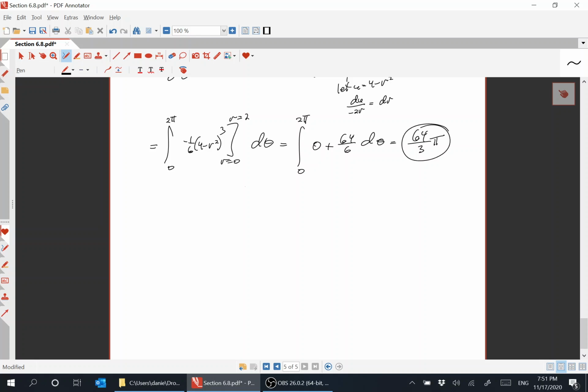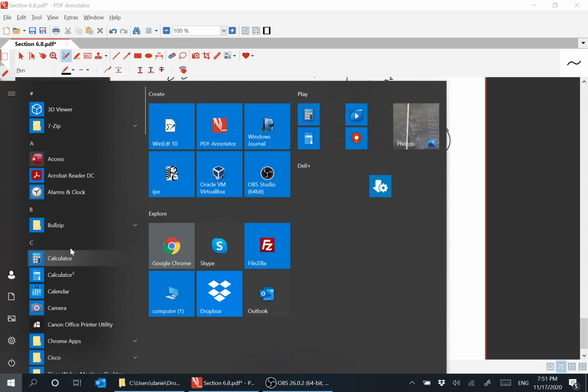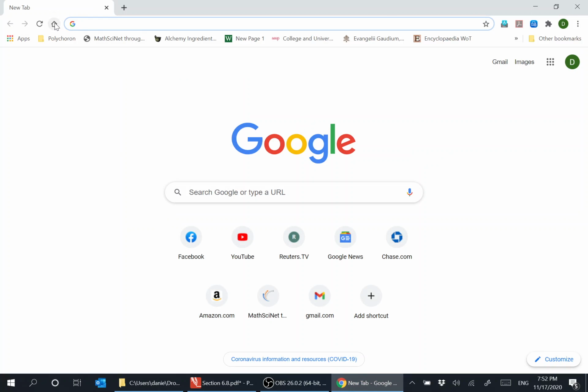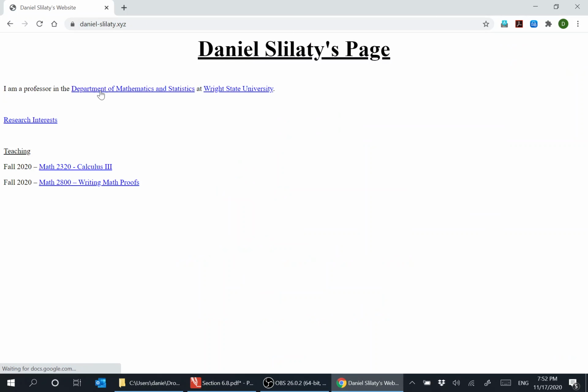So here is an example where it doesn't work. So I guess a non-example. So we let f be equal to, now we did this example back in section 6.6. We calculated it directly.